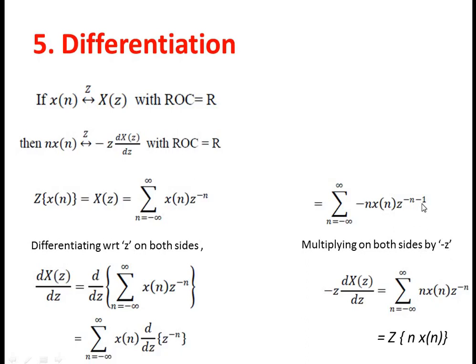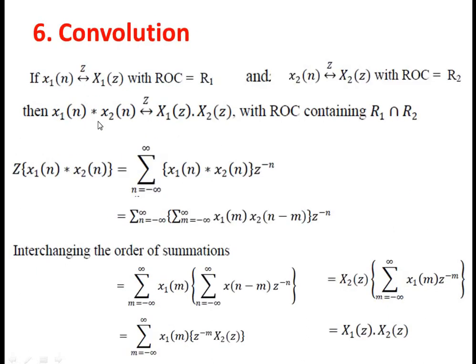So minus 1 and plus 1 become 0, and z power 0 is 1. Right? So n x of n into z power minus n. Now we can write this as minus z times dX of z by dz equals n x of n. So this is the proof for the differentiation property.